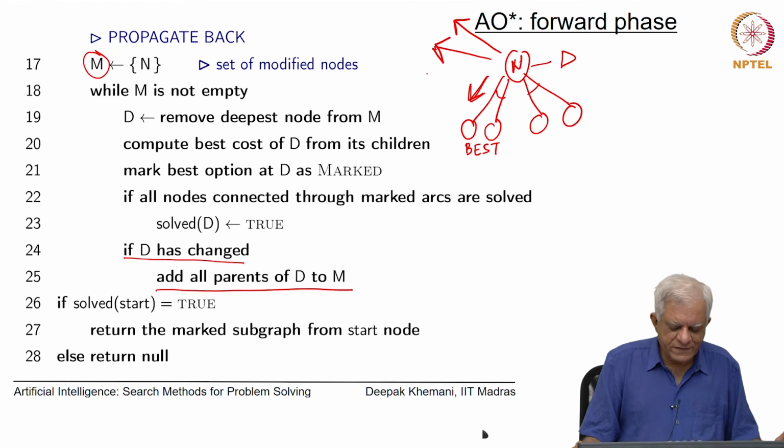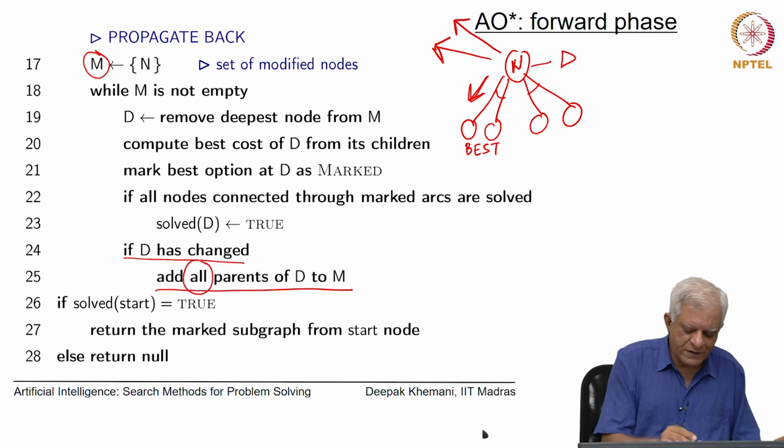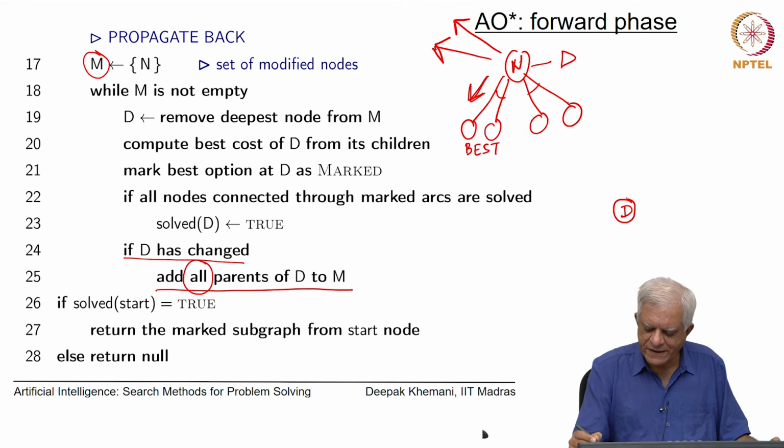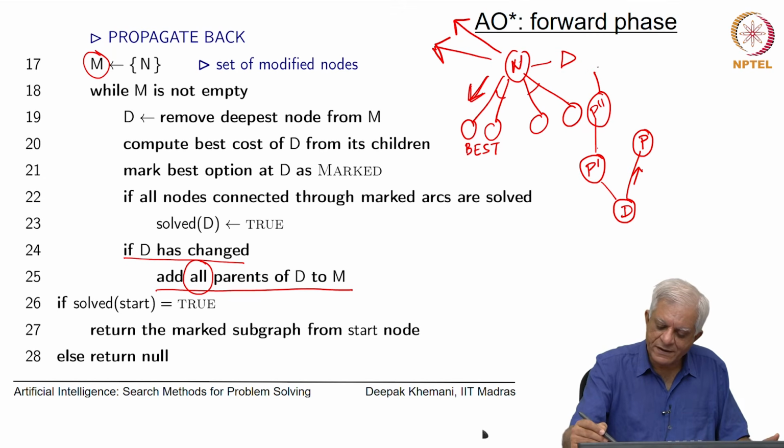There is an argument which you should think about, which says as to why you should propagate it to all parents, and the idea is basically like this. For example, if this was the D which has changed and D was generated as a child of, let us call it P, of course, we need to propagate the change to P. But supposing there was another P prime which was also a parent of P, and P double prime which was a parent of P prime, and let us say P triple prime which is a parent of P double prime.